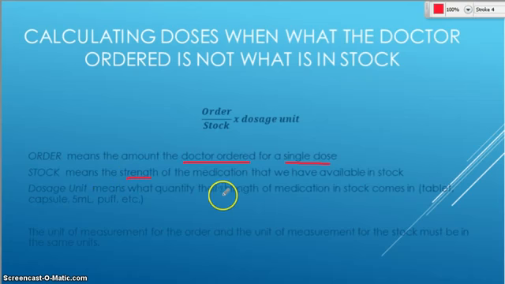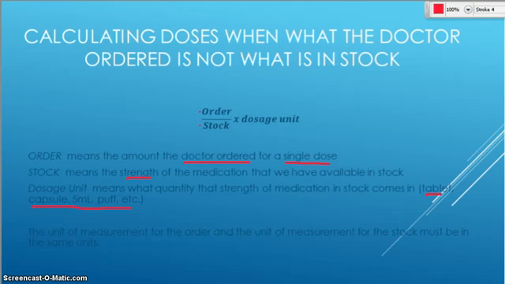Dosage unit means what does that strength come in? Is it a tablet, a capsule? Is it in 5 milliliters? Is it a puff? What is it located in? Now the thing to keep in mind is that your order unit and your stock unit must be the same units of measure. So if one's milligrams, the other one has to be milligrams, and so on. So those are just some things to keep in mind as we use this formula.